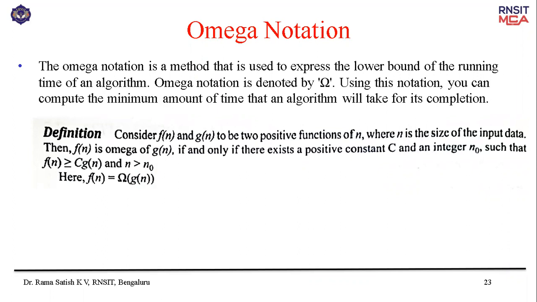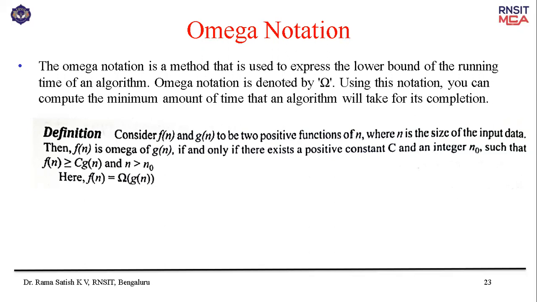Then f of n is omega of g of n if and only if there exists a positive constant c and integer n0 such that f of n is greater than or equal to c g of n for all n greater than n0. In the previous case, it was less than or equal to, but here it is greater than or equal to. So mathematically, f of n is equal to omega of g of n.